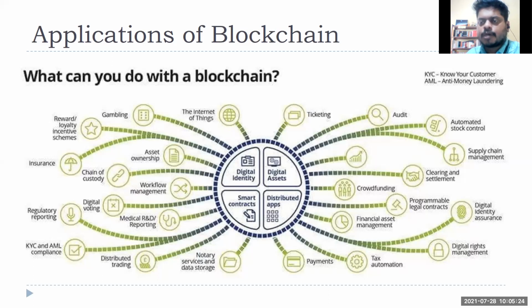Certain aspects of our identity or information will be open, right? And certain aspects will not. Let's say my name and overall address, if it is open, I might be okay with that, but I'm not okay with sharing my credit card details or my CIBIL details, right? So that part can be part of the blockchain where it is very much secure.